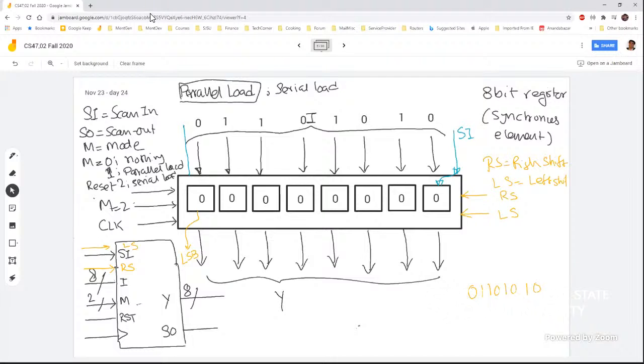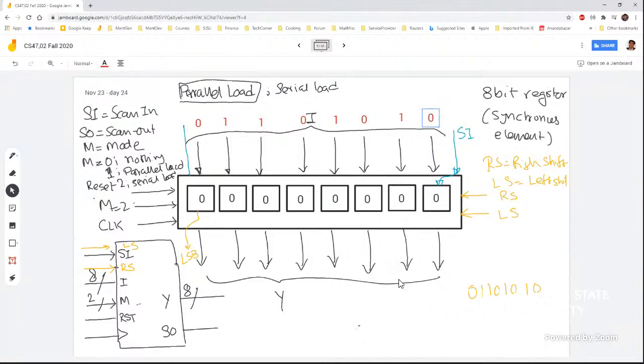Let me change the color: the red is the overriding one, which is incoming into my register.